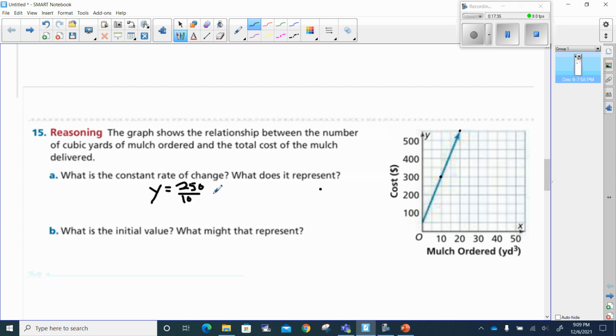Plus, and it looks like we started at 50. I can also remember that when I have zeros here, I can get rid of them. That means it's just 25. So y is actually going to equal 25x. Sorry, I didn't put the x over here. Plus 50.